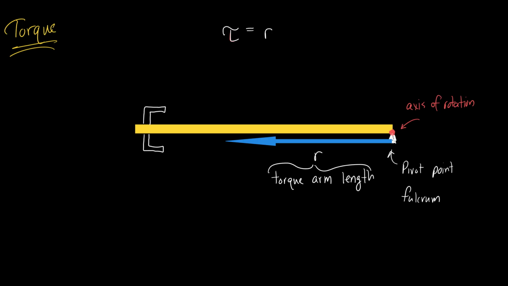So this is where we apply that force. And obviously for the door, we could apply it anywhere we wish on the door. But when we decide on a location, the next thing we'll have is the actual force itself.